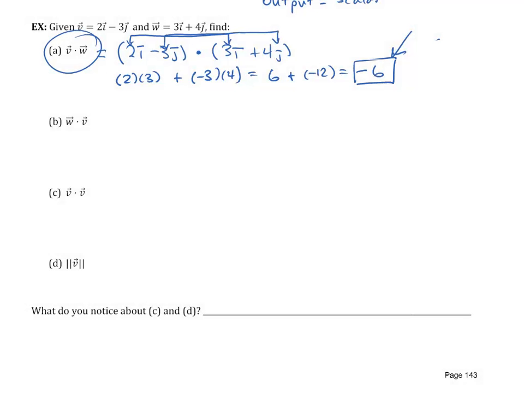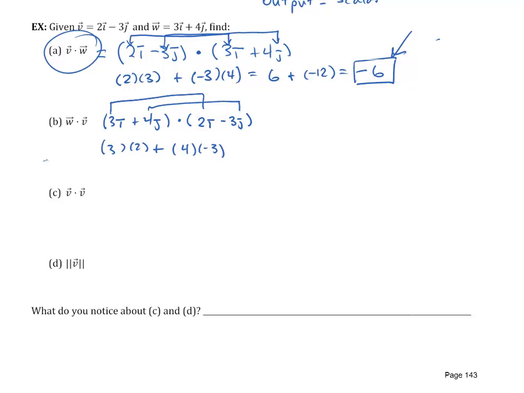To explore some of the properties that the dot product might have, let us consider what would happen if we reversed W and V. What is W dot V? In other words, if I took 3i plus 4j and found the dot product of that with 2i minus 3j, that would be a 3 times a 2, because you're multiplying the x's, and then multiply the y's, you get plus a 4 times a -3.